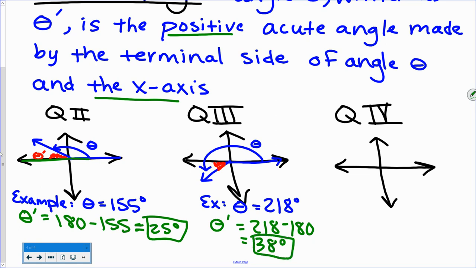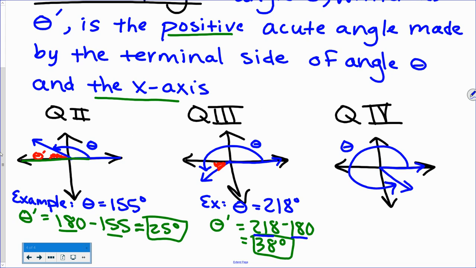So every time you're in quadrant 2, you will take 180 degrees minus theta. Every time you are in quadrant 3, you would take theta minus 180. Okay. If I'm in quadrant 4, so here's where it starts. It's got to end somewhere over here. If it's a positive angle, it goes all the way around to that spot. That would represent theta.